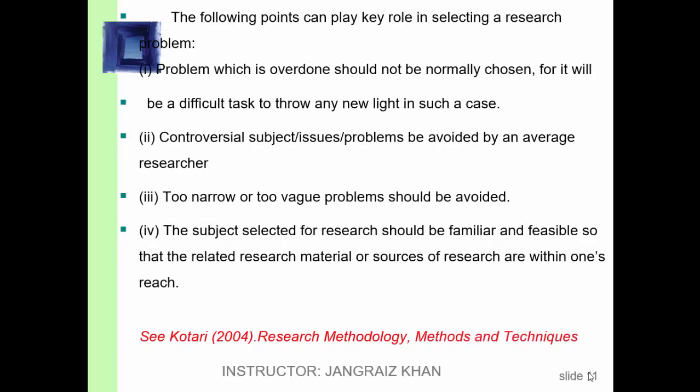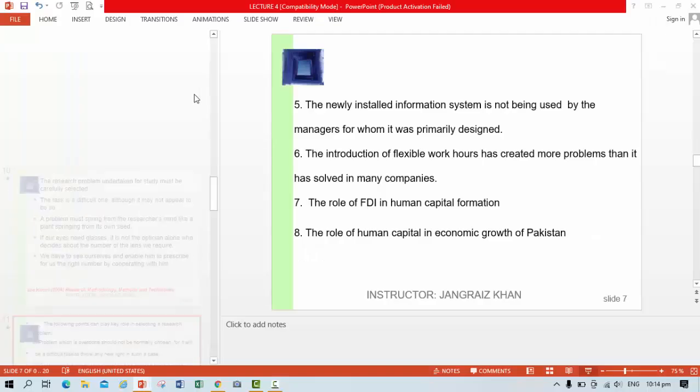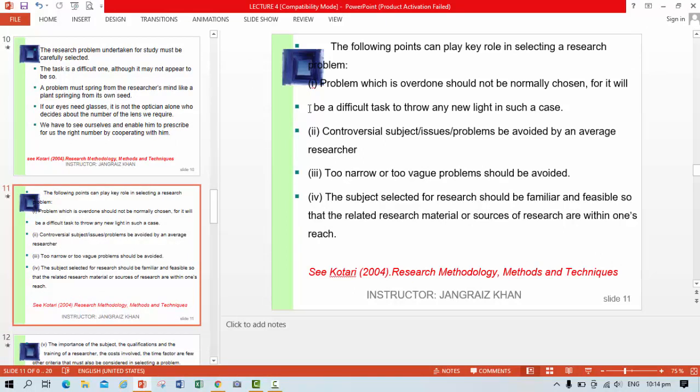The following points should be kept in mind while selecting a research problem. The problem which is overdone should not normally be chosen, for it will be a difficult task to throw light on it.